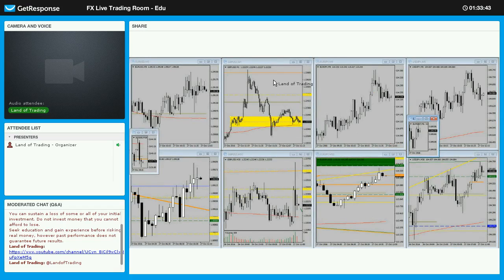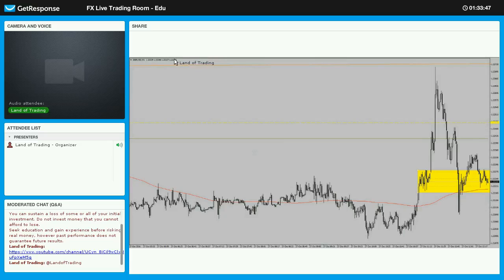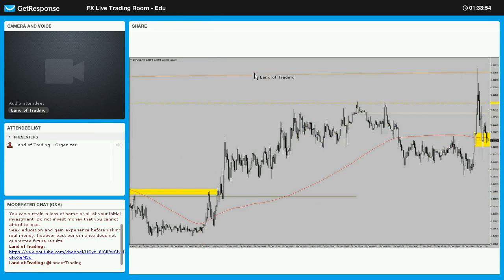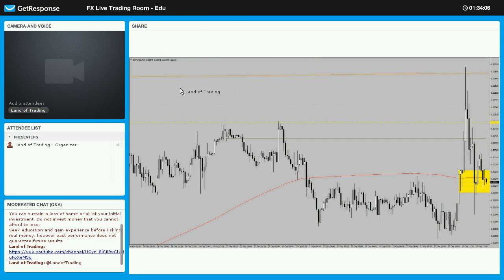Watching what's going on in pound USD. Would like to see the move above 40 again, as described from the bull's perspective. So move over 40 to clean some supply.